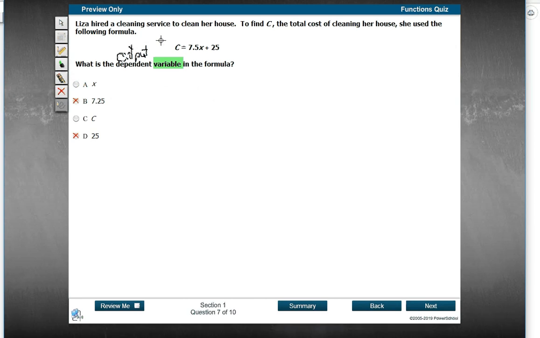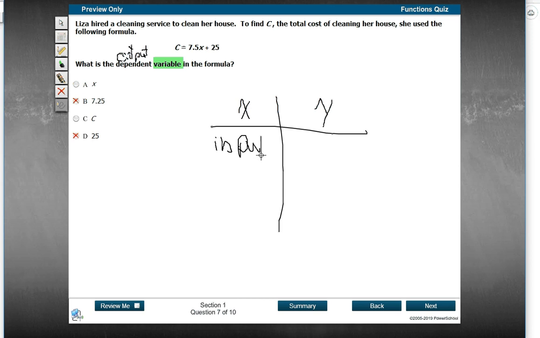Usually when we make that table, we have our x values, our y values, our input and output.